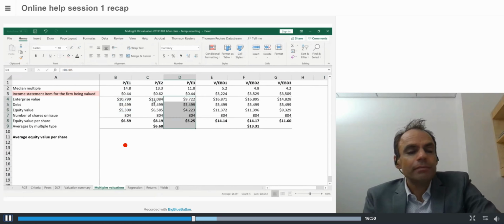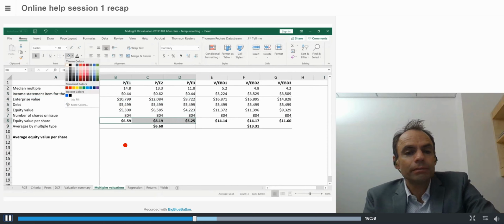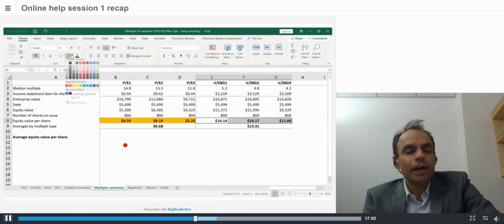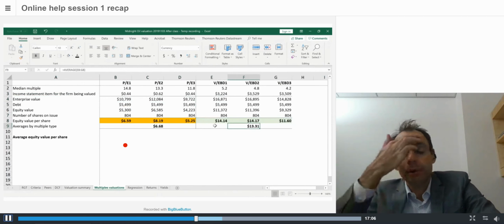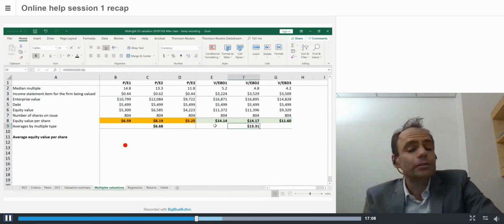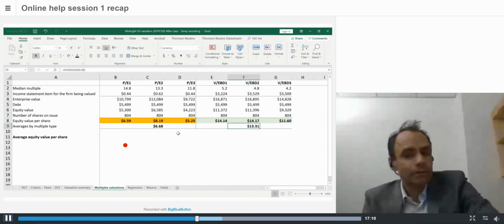Now you can see that the multiples-based estimates of the value of the shares is quite different between the price earnings multiples-based estimates, which average $6.68, and the value to EBITDA multiples-based estimates, which average 13.31. But I don't know which of those valuations is the best number.